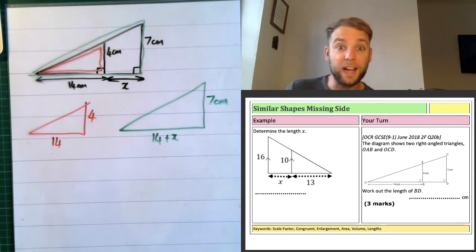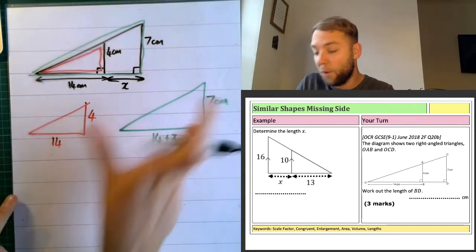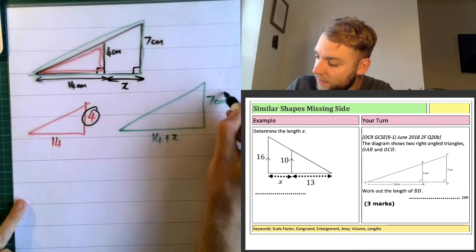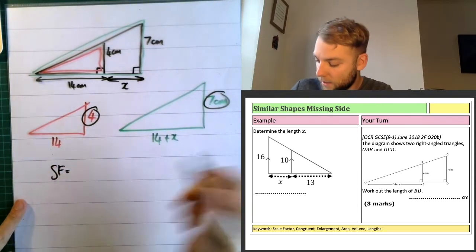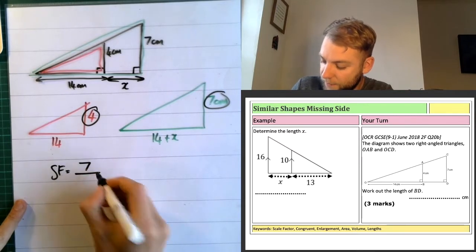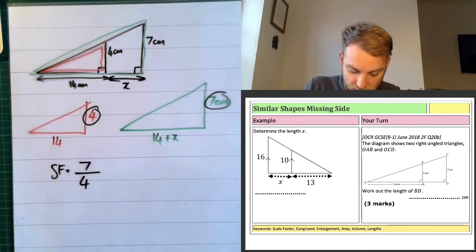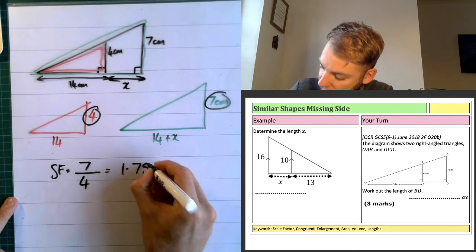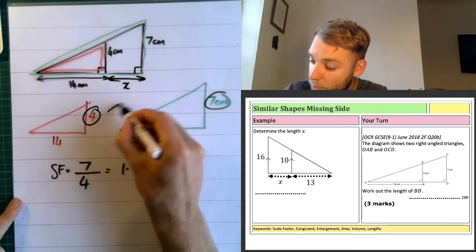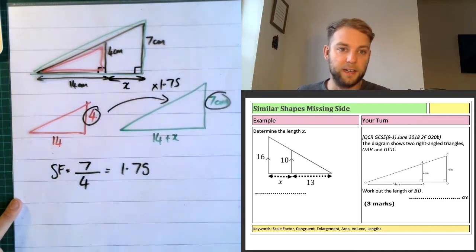So the first thing I always need to do is to find that scale factor. In this case, I know both the right-hand side, so the 4 and the 7. So my scale factor is equal to my larger similar side, which is 7, divided by my smaller similar side, which is 4. So 7 divided by 4, which is equal to 1.75, like so. So I know that this is 1.75 times bigger. That's fine.